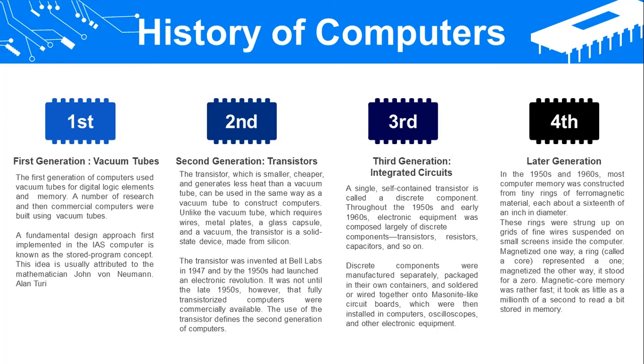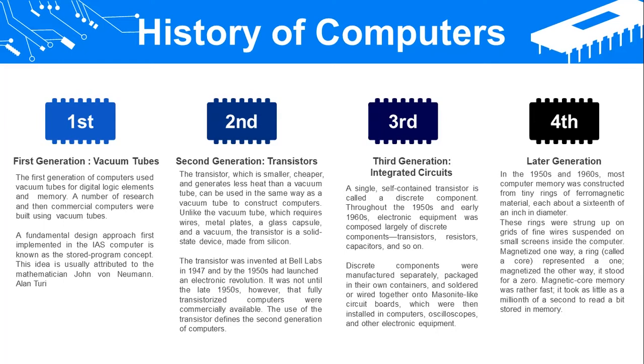The third generation uses integrated circuits. A single self-contained transistor is called a discrete component. Discrete components were manufactured separately, packaged in their own containers, and soldered or wired together onto circuit boards, which were then installed in computers, oscilloscopes, and other electronic equipment.